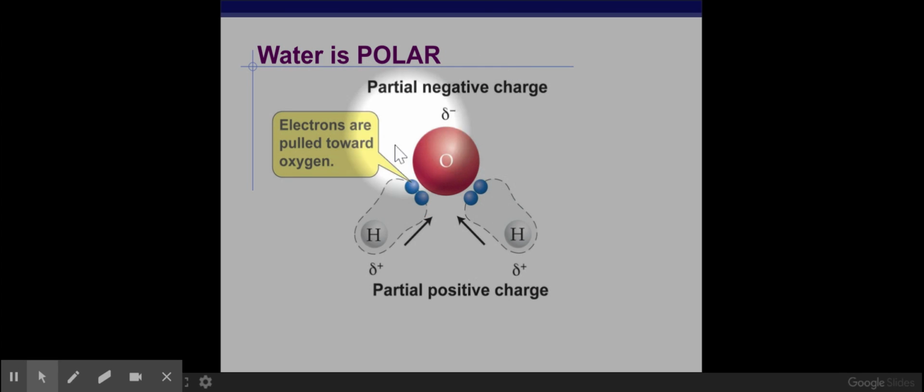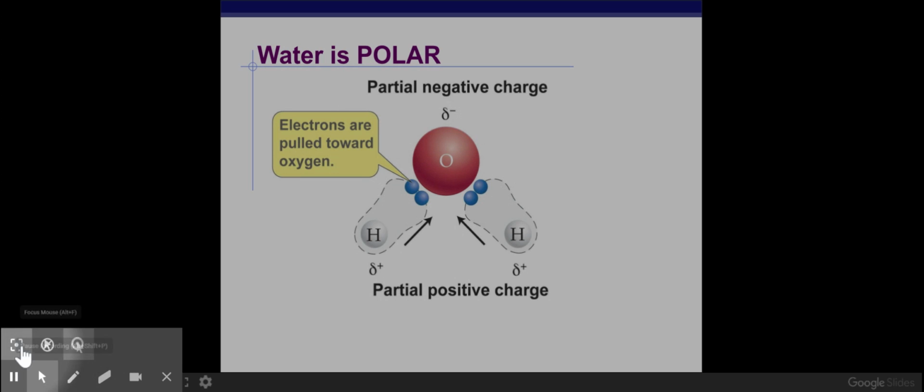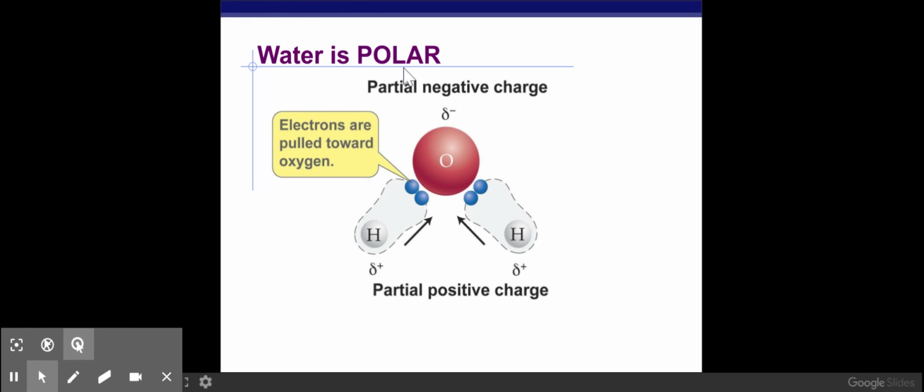And this is what gives water all of its really cool properties. This idea that it's polar. It has a slightly negative side and a slightly positive side. Pretty much everything we talk about has to do with that polarity and its ability to form these hydrogen bonds. So these are going to be really weak bonds in between the partially positive part of one water molecule and the partially negative part of another water molecule. So again, they form those hydrogen bonds.